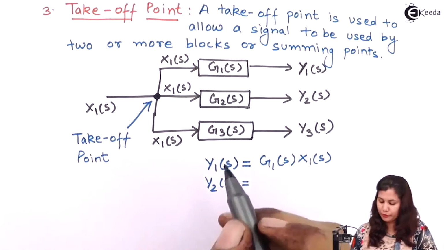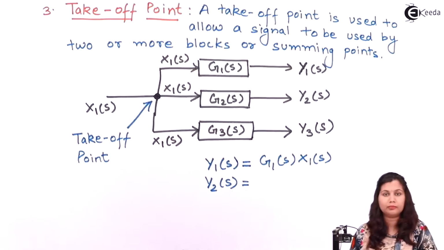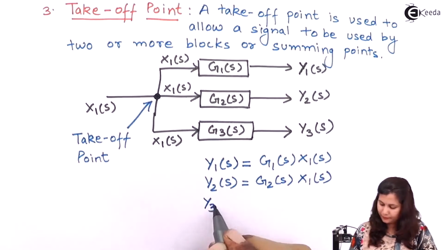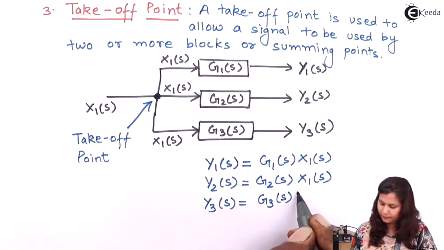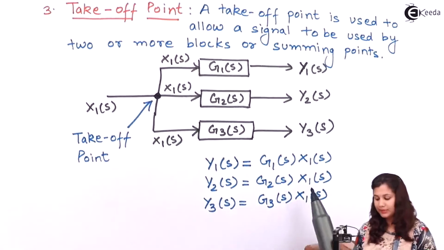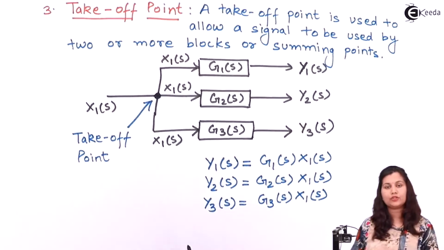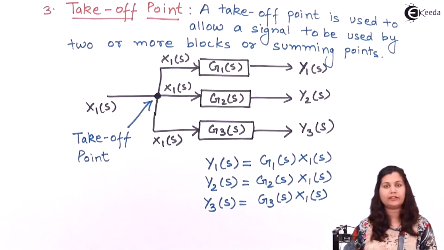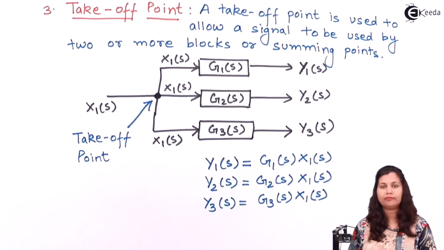Similarly, the outputs of the second and the third block will be obtained. So you can see that the same signal X1(s) is used by three blocks. So in this way, the takeoff point helps us in the block diagram representation.